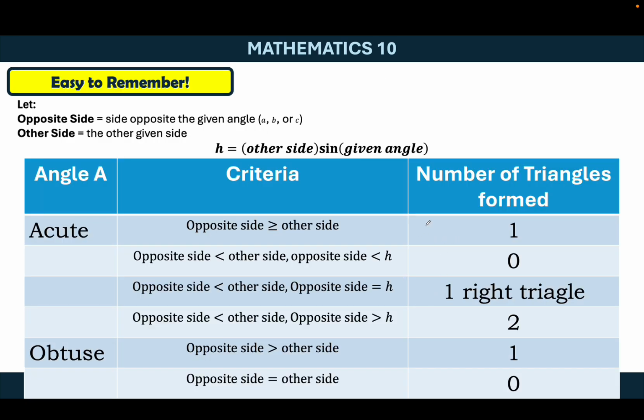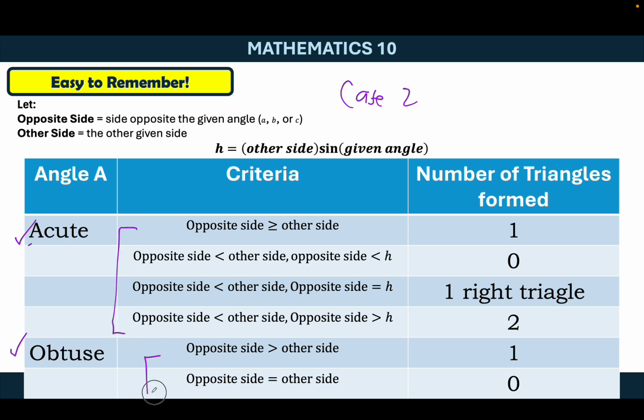Now, ito yung pinaka-summary niya. Ito yung pinaka dapat yung tandaan. Okay? Again, ang unang step in solving an oblique triangle under the case 2 is to identify whether it is acute or obtuse. Okay? Kapag acute siya, ito yung pinakatitingnan natin.